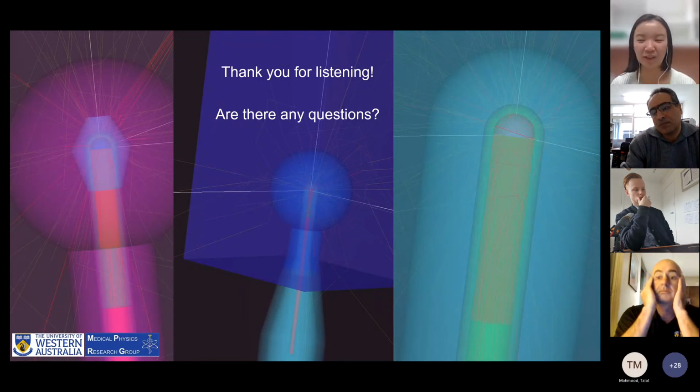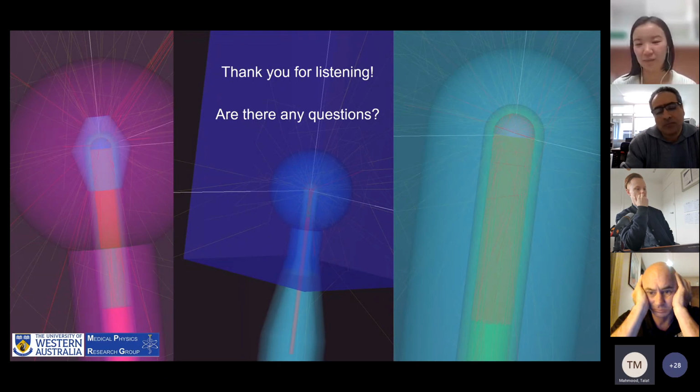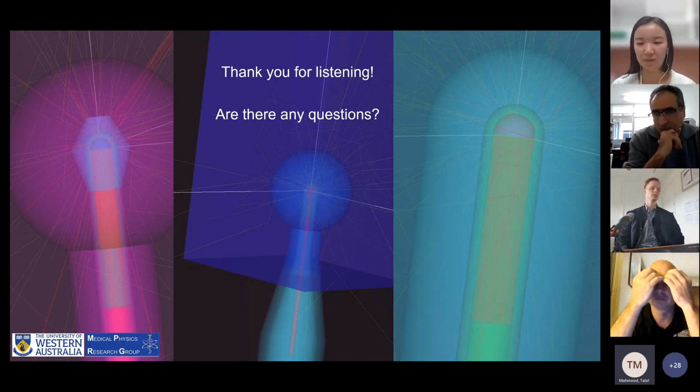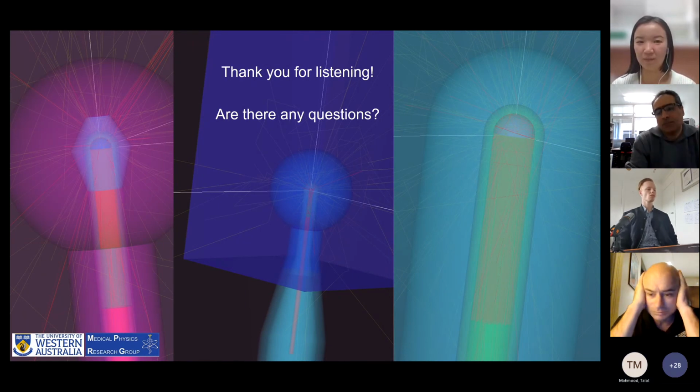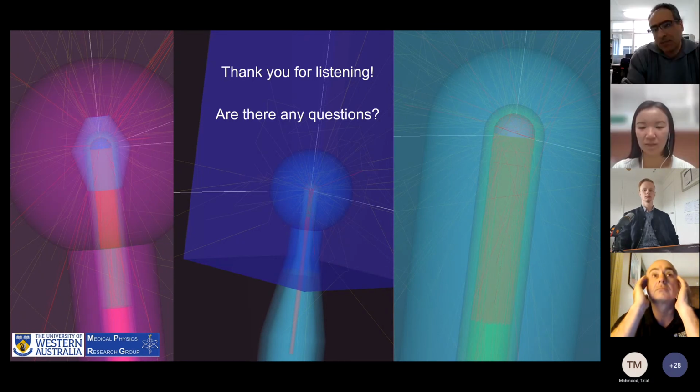I don't have a photo of it, but it's a spider plot. It should look like a spider plot because it's only in one dimension, isn't it? Yes, it would be in one plane. The other option is gel dosimetry. We can insert the. That's a good point. That could be a brilliant idea.